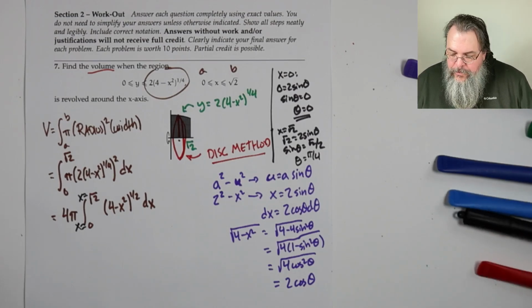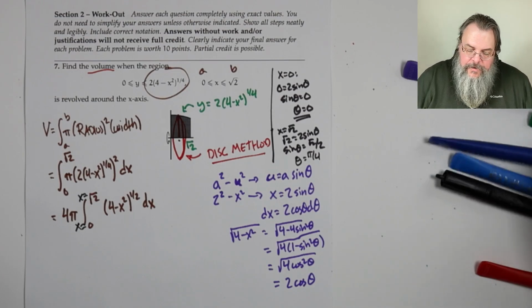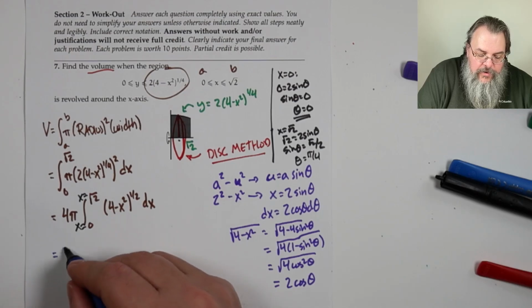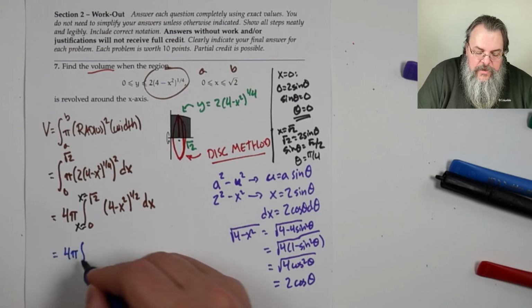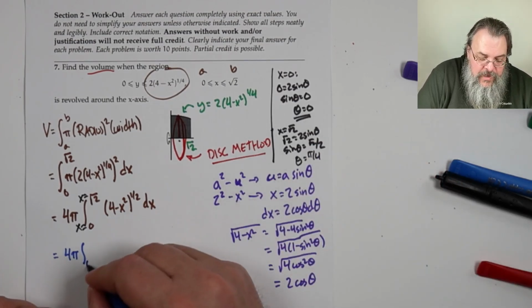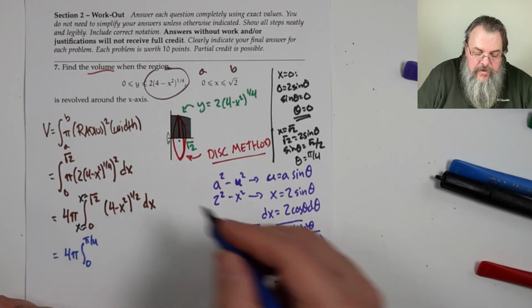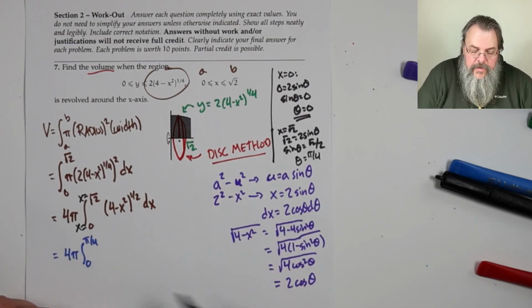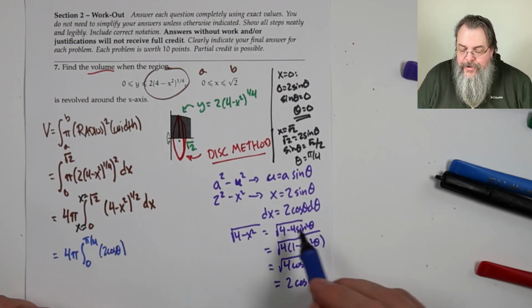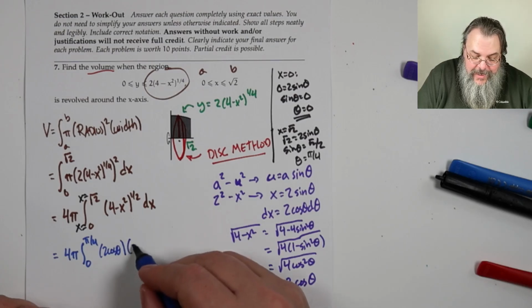With all of the work we've put in, we're now ready to say, what's our integral? 4 pi, new bounds 0 to pi over 4, then the square root of 4 minus x squared, 2 cosine theta, and the dx, 2 cosine theta again.